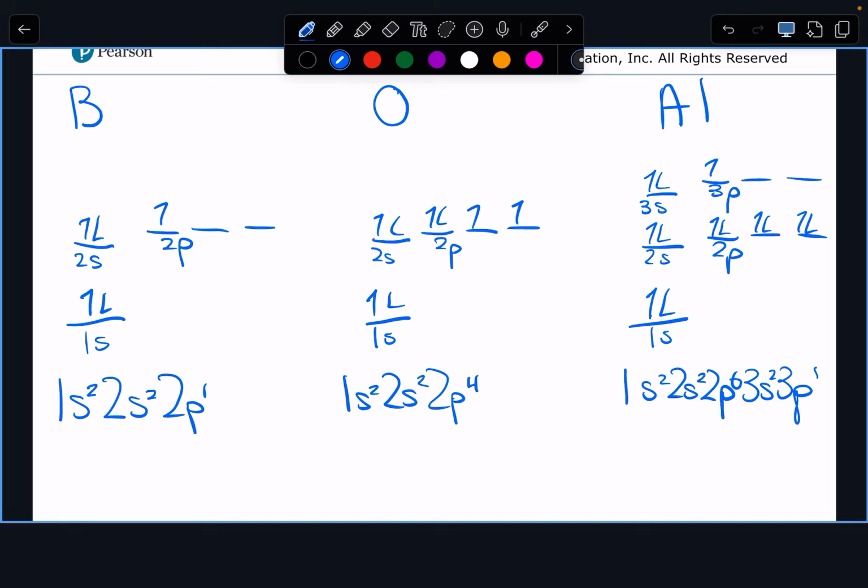Okay, couple quick notes. Aluminum and boron, they're in the same column on the periodic table. So we know they're going to have the same number of valence electrons. That number of valence electrons corresponds to the column that they're in. So they're in the third column, skipping over the transition metals. So they're going to have 3 valence electrons.